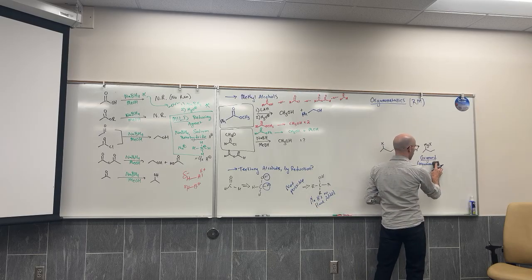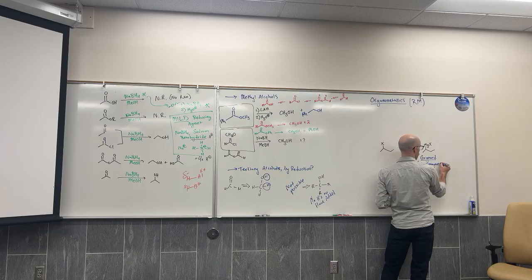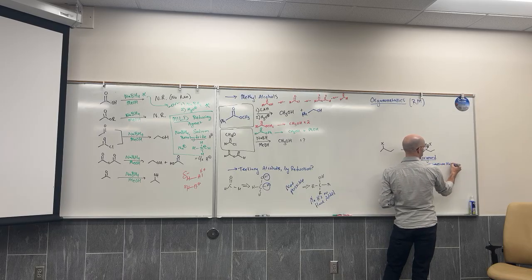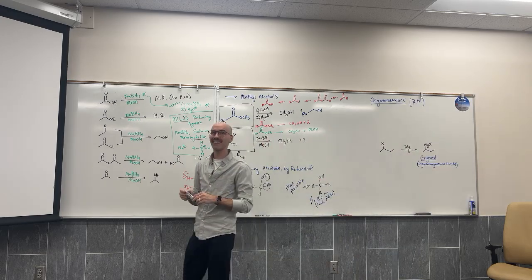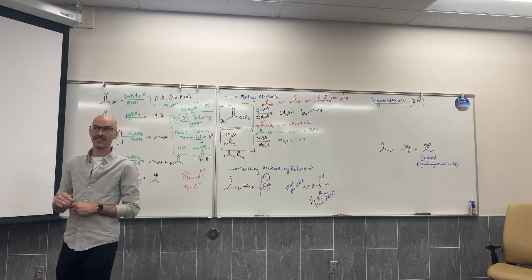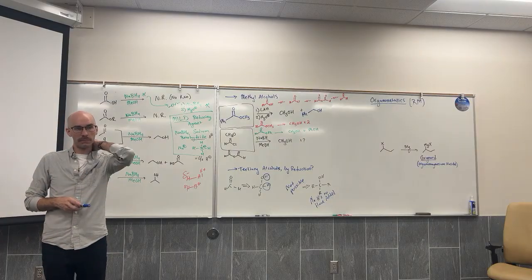Now, I don't really like the name Grignard because it doesn't tell you what it is. What I do like is calling it organomagnesium halide, because that tells you exactly what it is. Organomagnesium balanced by a halide.